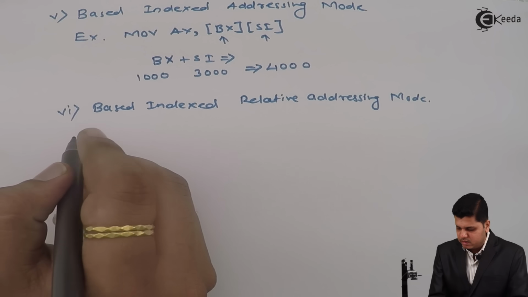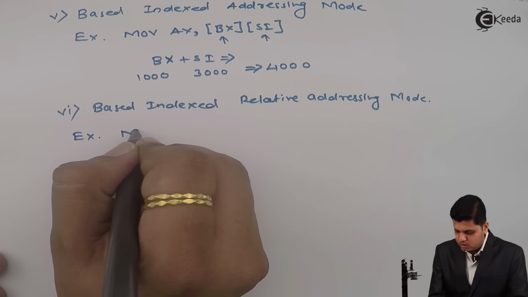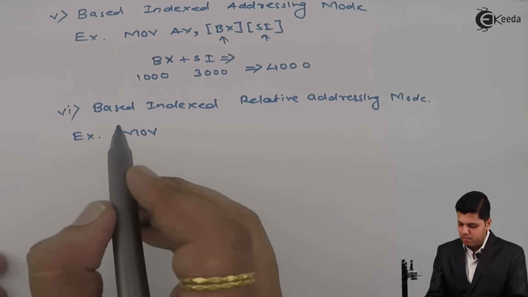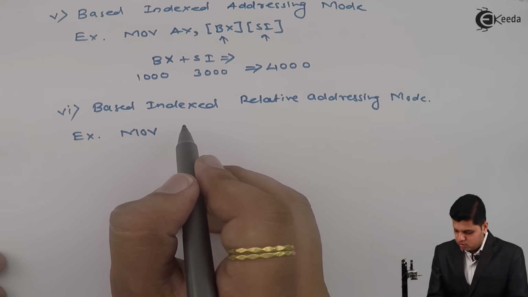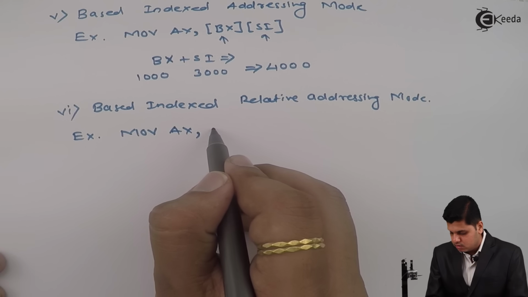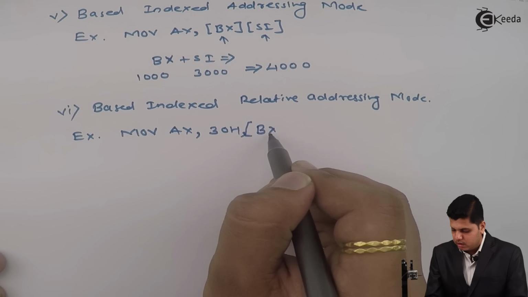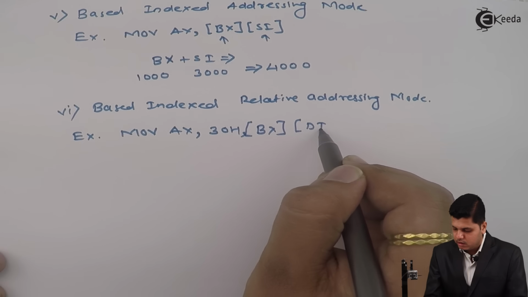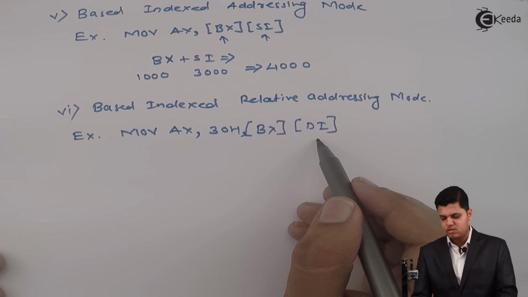Next is base indexed relative addressing mode. Here the address can be formed by base register plus index register and relative to some value. So I can write it like this: MOV AX, 30H[BX+DI]. We know that one of the index registers is the destination index also.